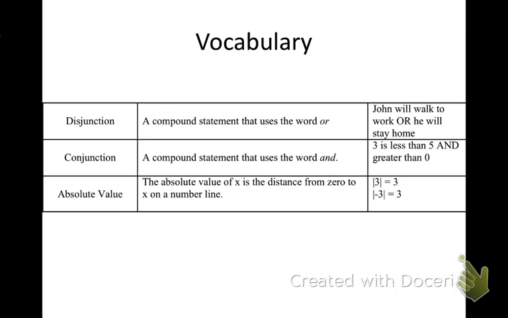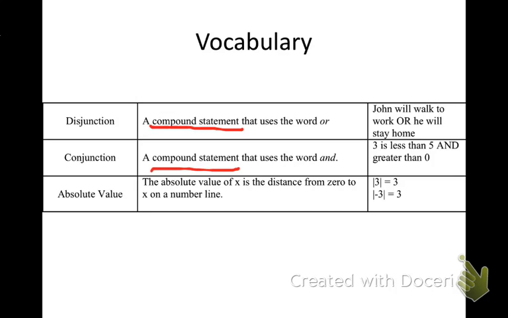All right, vocabulary here. A disjunction is a compound statement that uses the word or. The key here is compound statement. When you think of it in English terms, we've all heard of a compound sentence before, right? What's a compound sentence mean in English terms, John? Two sentences.